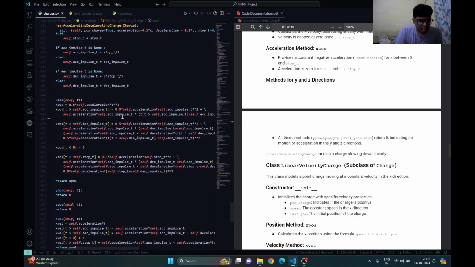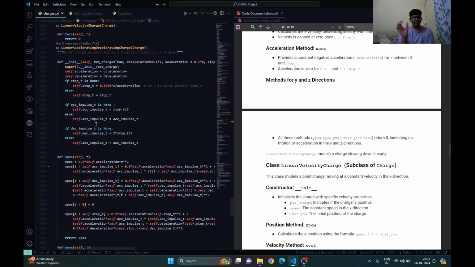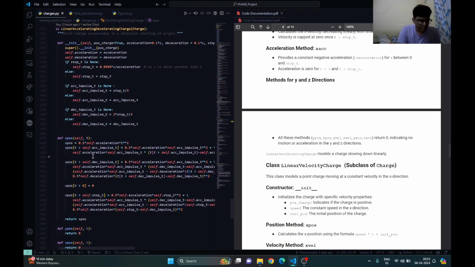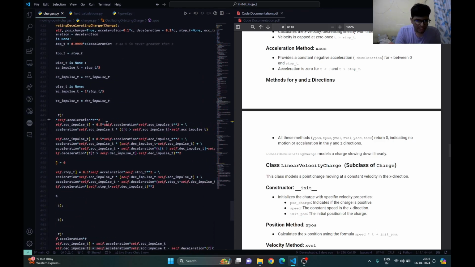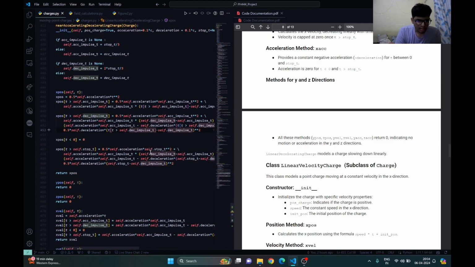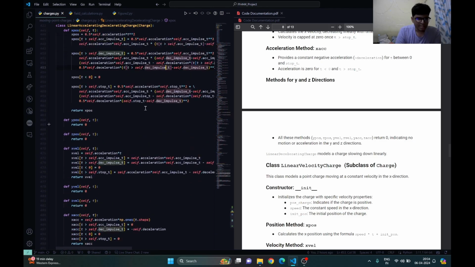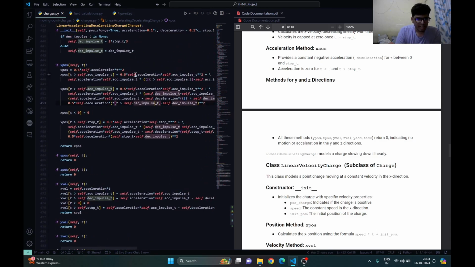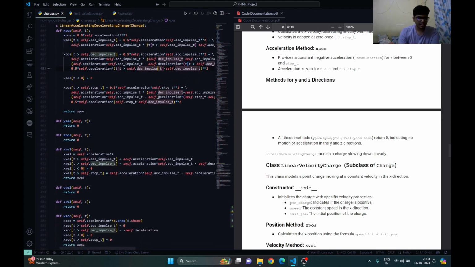As you can see here, you can define the time interval of acceleration, constant velocity, as well as the deceleration time, and according to that you basically have your equations of motion, which are defined as you can see in the code. Basically half a t squared plus constant velocity, and then when it's decelerating it's minus half a t squared, similarly like that.